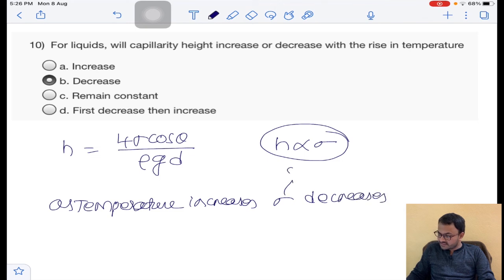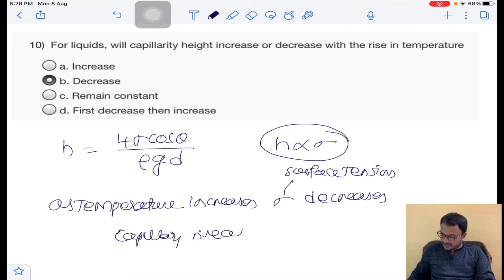What is this sigma? It is surface tension. So as temperature increases, surface tension decreases. As surface tension decreases, capillary rise also decreases because it is directly proportional to surface tension. Okay, so the answer will be B for the 10th question.